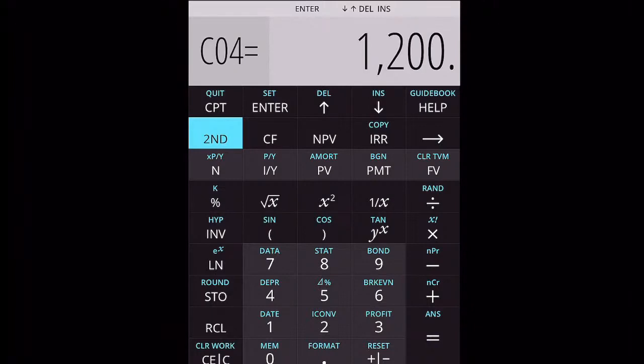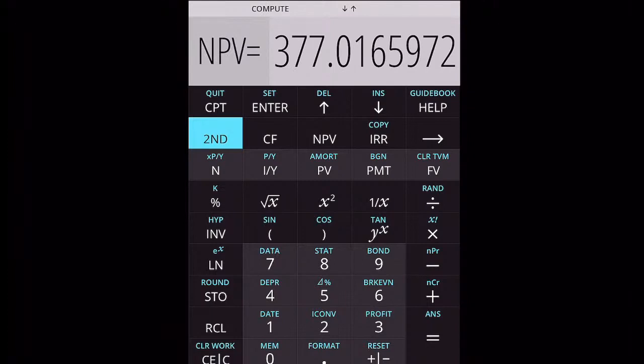So everything's inside. Then I ask for NPV. Now, initially, the 10 wasn't in there. I had to enter the 10, so you have to write 10, enter, and scroll down, and then compute.